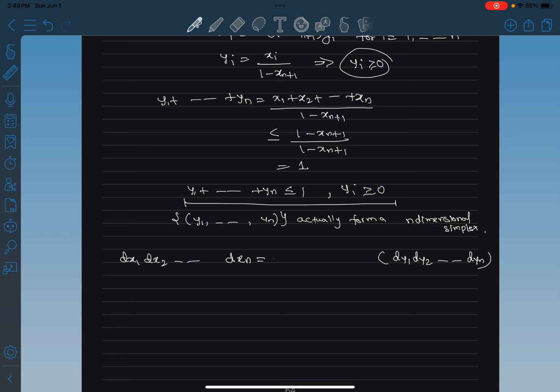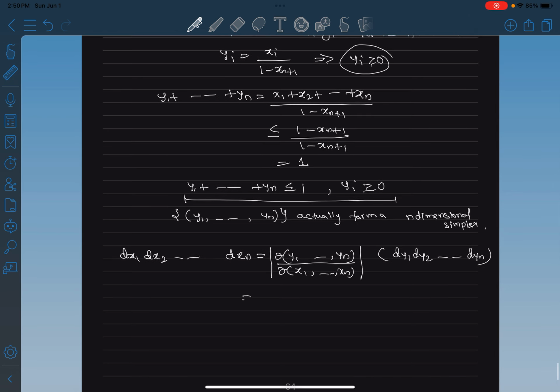Over here, there's a symbol, the symbol of the Jacobian of y with respect to x1 up to xn, right? What this symbol basically means is we will have first of all partial dy1 by dx1, dy2 by dx2, up to partial dy1 by dxn.